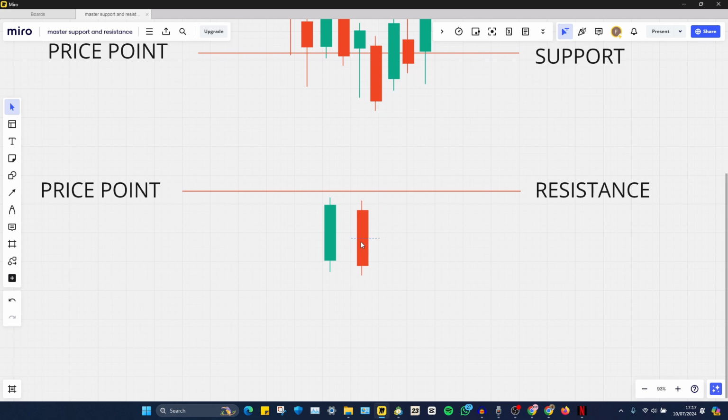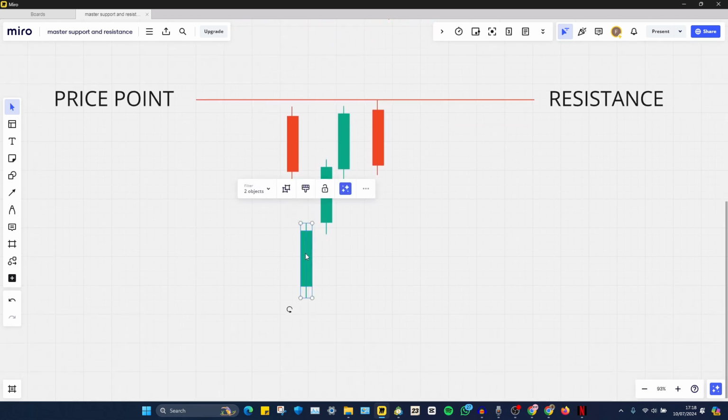There are times you could see, let's give another example. Let's say you have resistance like this, and you started the candles like this, and now you get something like this.